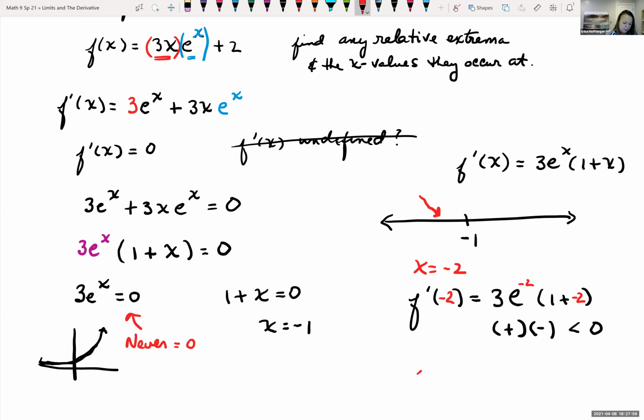So choose a number bigger than negative 1. Well, 0 falls in there, so maybe we should choose x equals 0. If I look at f prime of 0, this is equal to 3e to the 0, all times 1 plus 0.